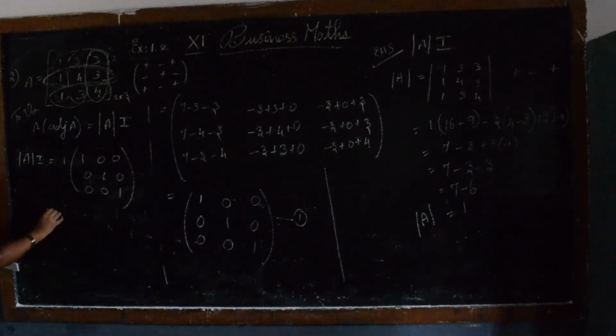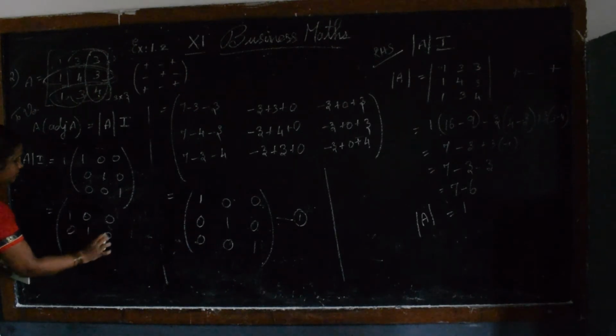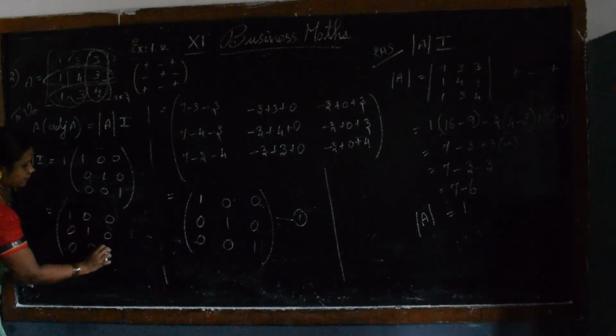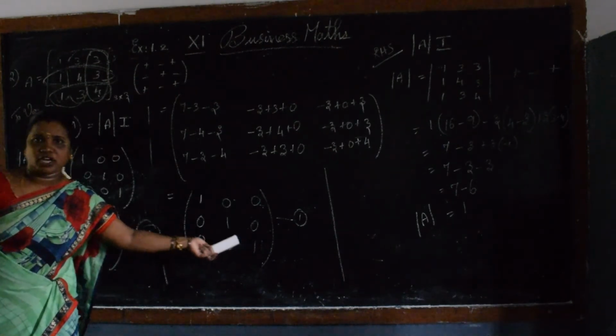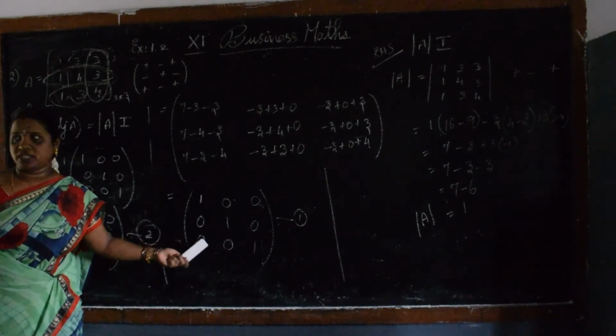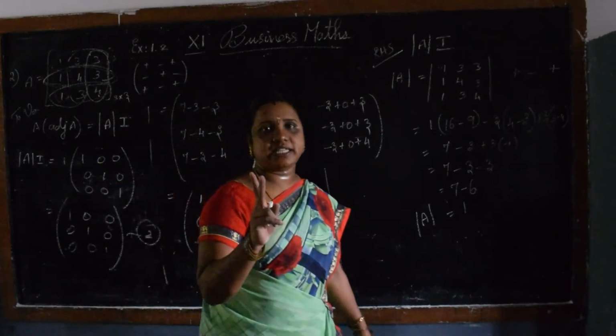If you multiply with the same thing, you will get this same thing. So this is 2. Now you see here, from 1 and 2 we got the answer: LHS equal to RHS. Have you understood children?